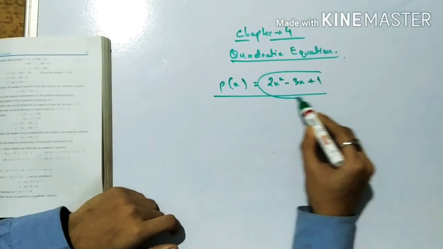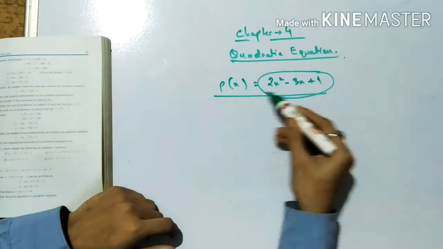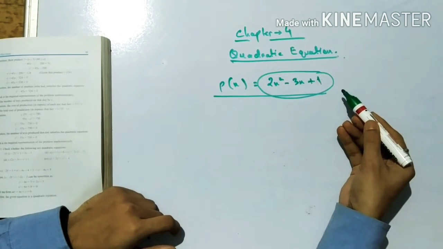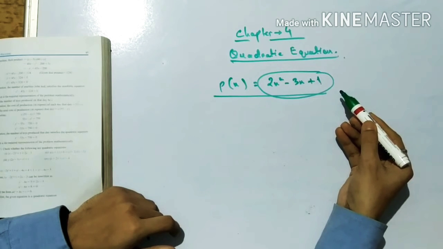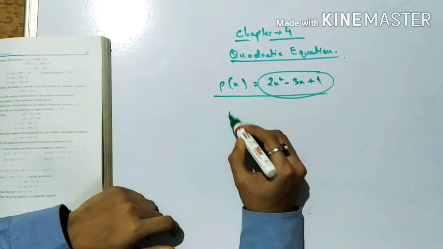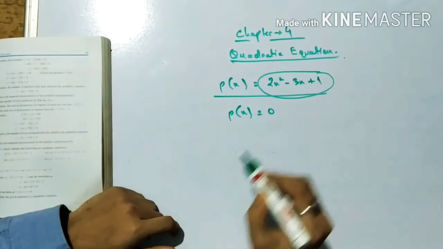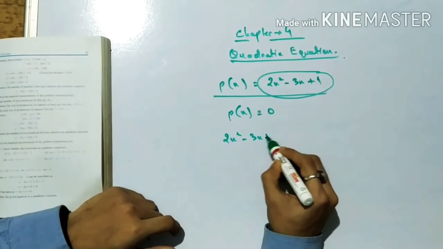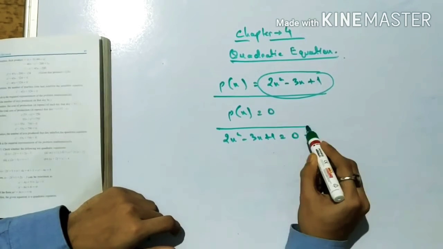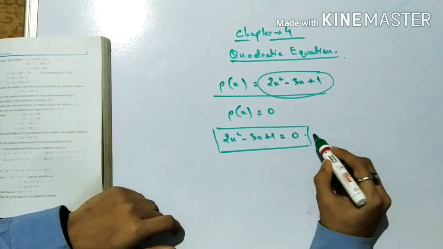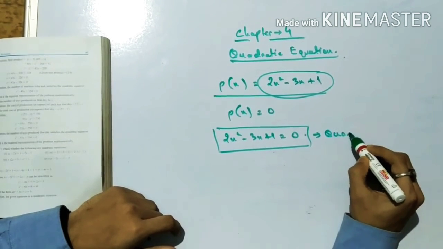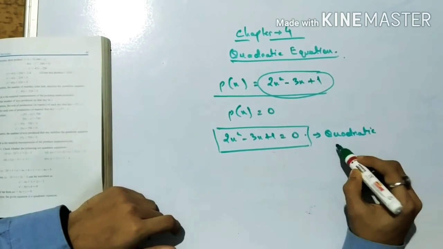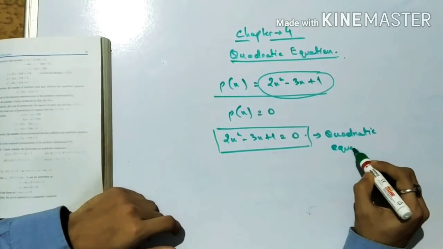This is a polynomial of degree 2. And if I say that p(x) equals 0, that is, 2x square minus 3x plus 1 equals 0, then this equation will become a what? Quadratic. This equation will become a quadratic equation.